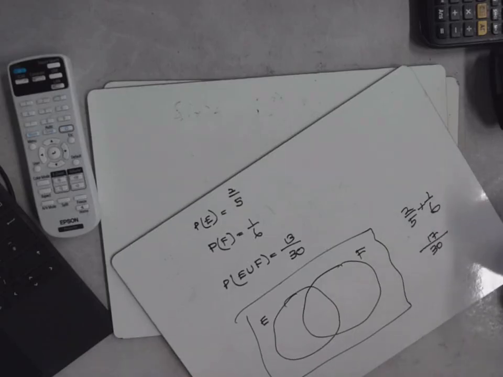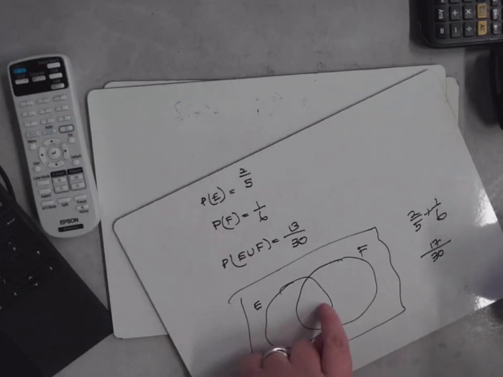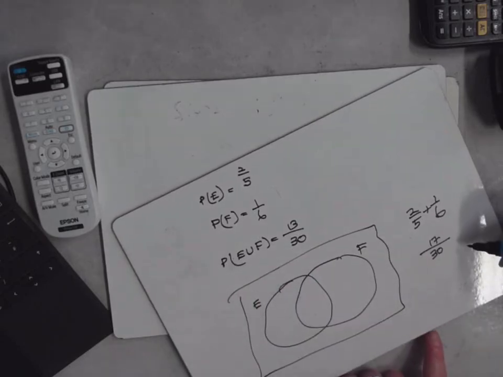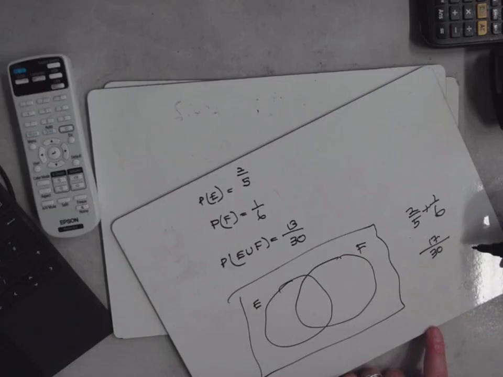So that's too big. The whole lot, 1, 2, 3, can only add to 13 over 30. I think when you add them, if I did that right, it's 17 over 30.